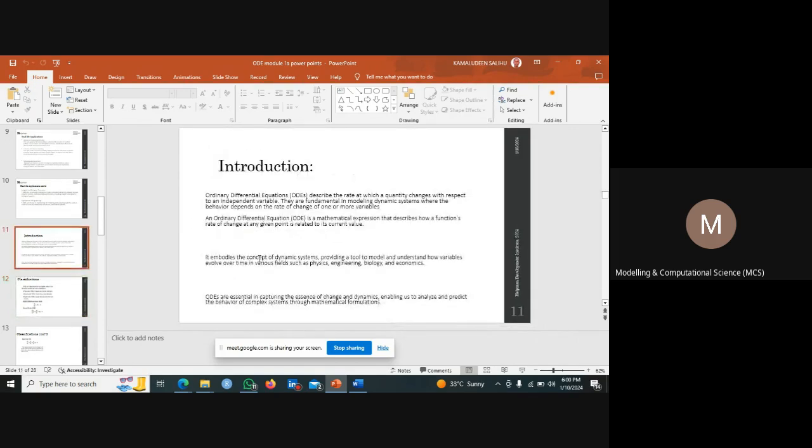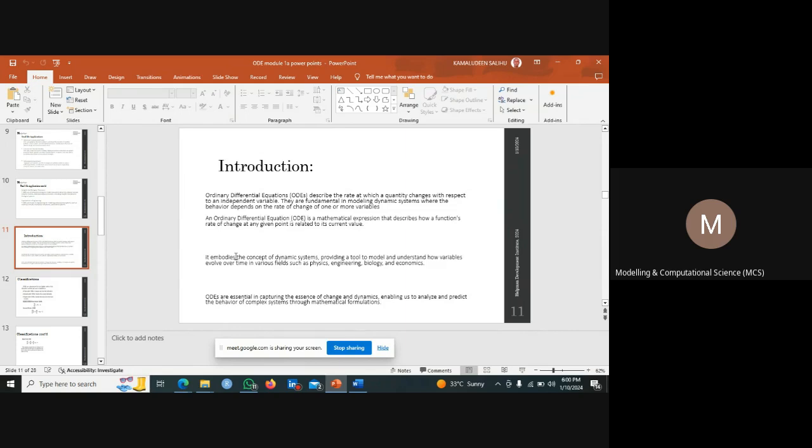It embodies the concepts of dynamic systems, providing a tool to model and understand how variables evolve over time in various fields such as physics, as we said earlier, engineering, biology, economics, and so on.